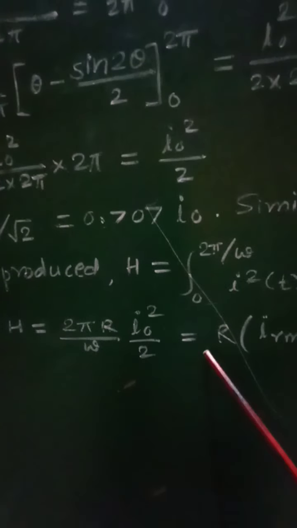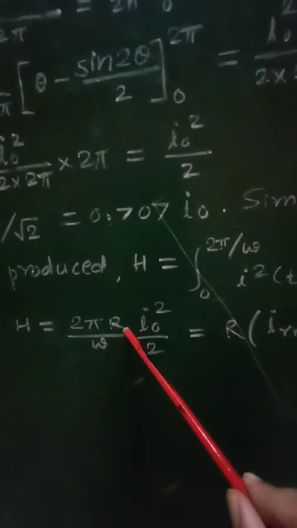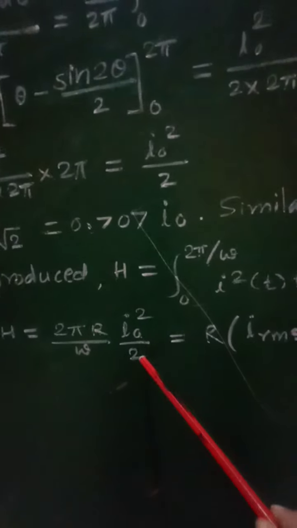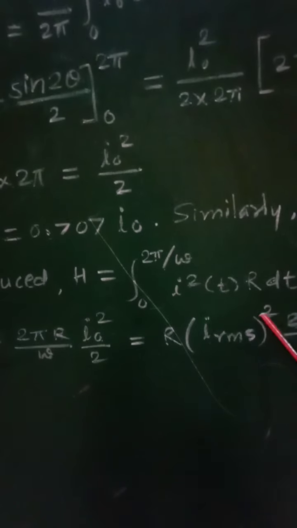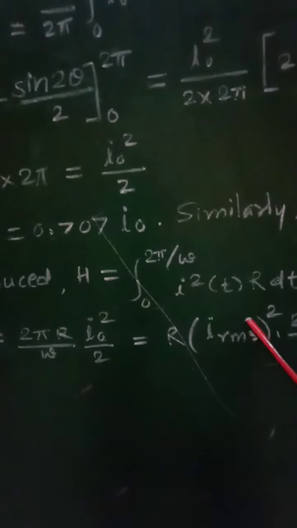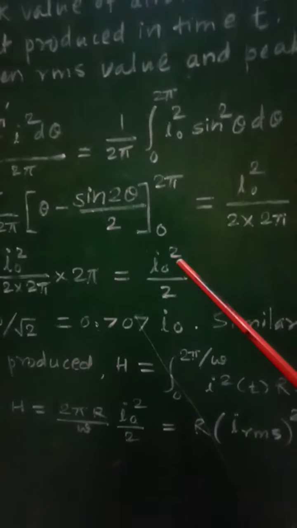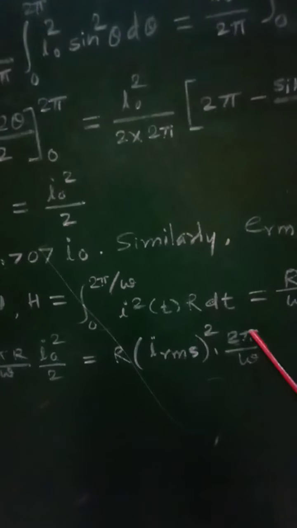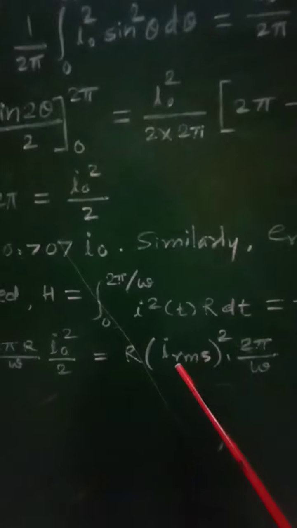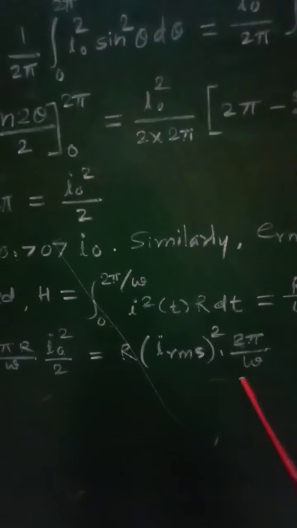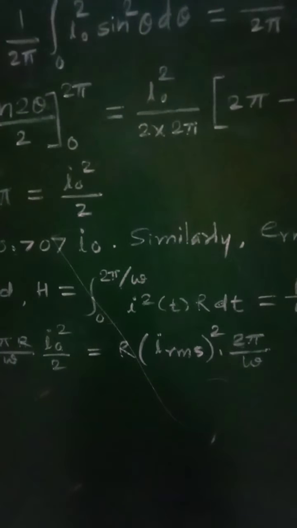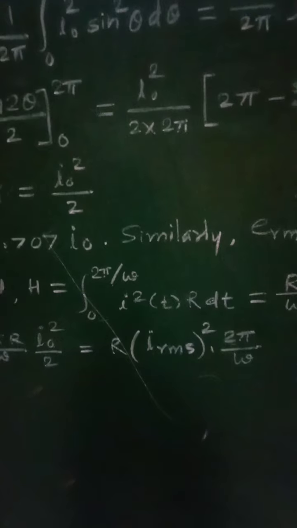Rearranging the terms, we can write R into I0 square upon 2, which represents I RMS square, because I RMS square is equal to I0 square upon 2, and into 2 pi by omega. So this equation gives us the heat produced due to sinusoidally varying current, that is R into I RMS square into 2 pi by omega.